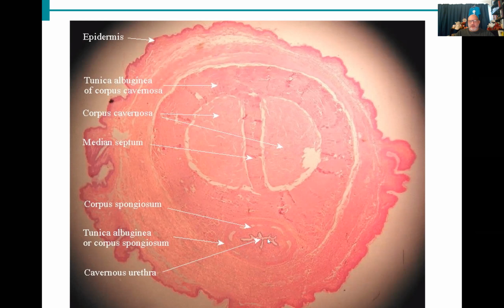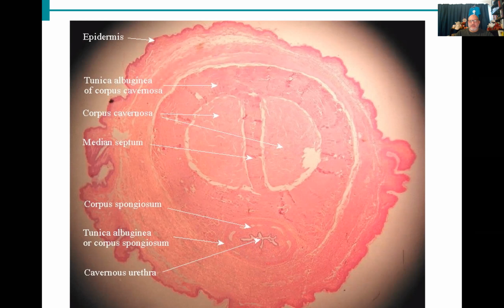We know even at a low magnification, this is going to be lined with a transitional epithelium. We can see those many invaginations for it, a thick lamina propria that has a lot of glands in it. But notice we also have that corpus spongiosum, that erectile tissue around the outer surface of it.